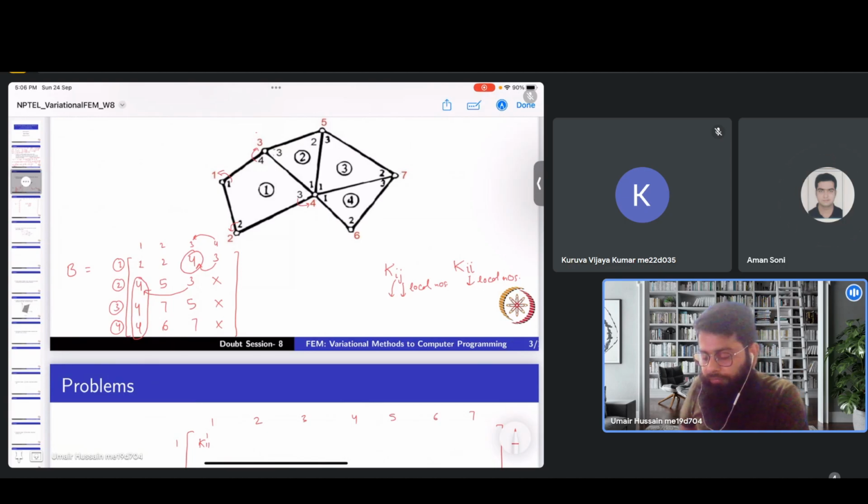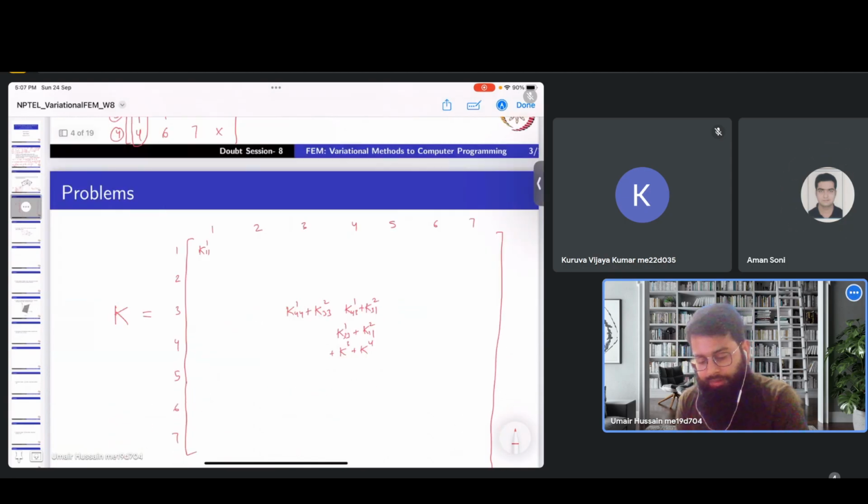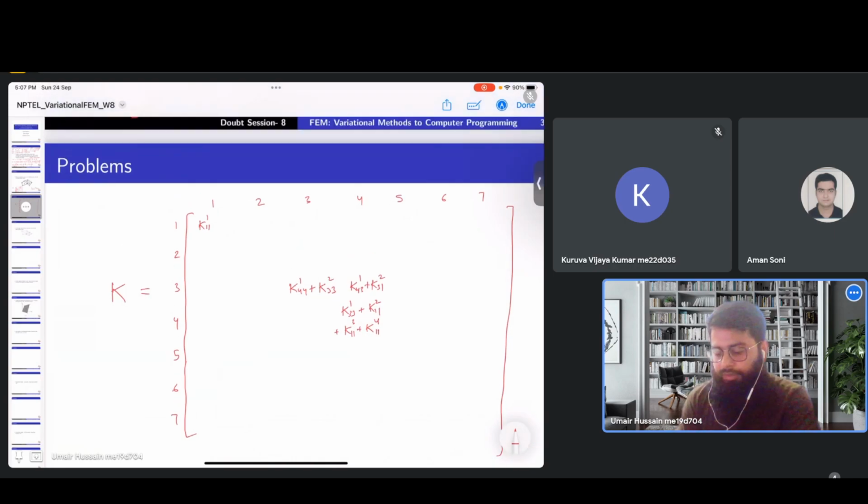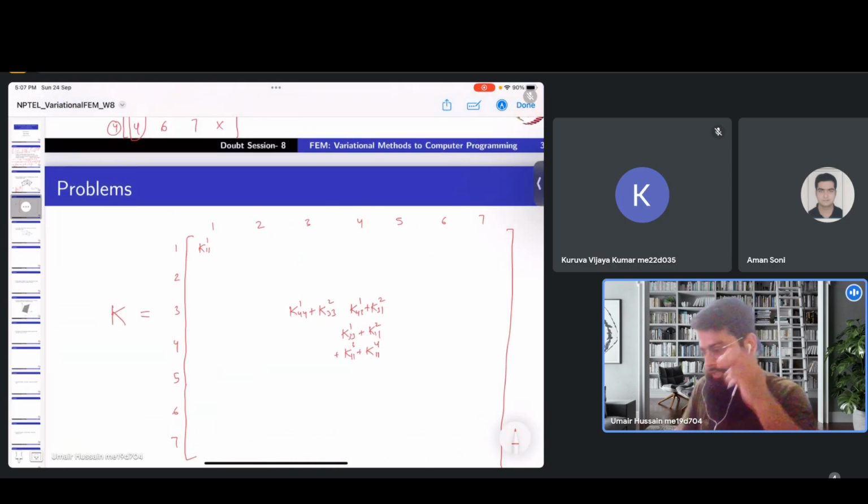So here four is at the third row, third column. So for it we have to pick the 3 3 entry from element one, and for all the other elements you have to pick up the 1 1 entry. So that's how we create the logic in a program also.